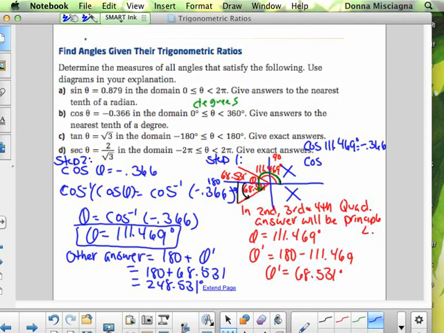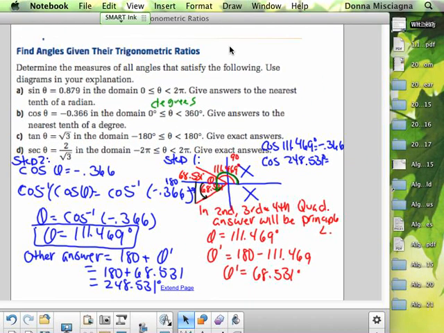And let's check that cosine 248.531 degrees also equals negative 0.366. And we're definitely going to need the calculator for that part.